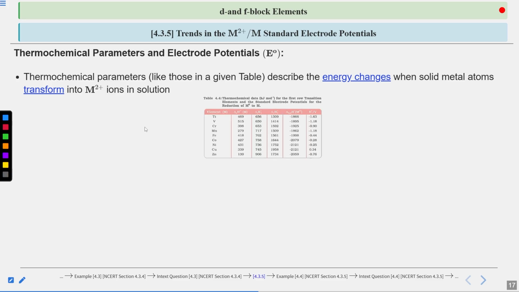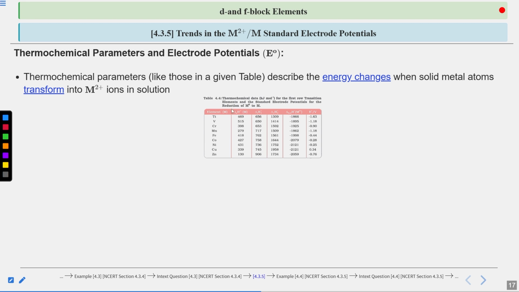You can see in this given table, some parameters describe the energy changes when the metal is converting to M2+ ions. We have the metals titanium, vanadium, chromium. So these are 3d series metals.